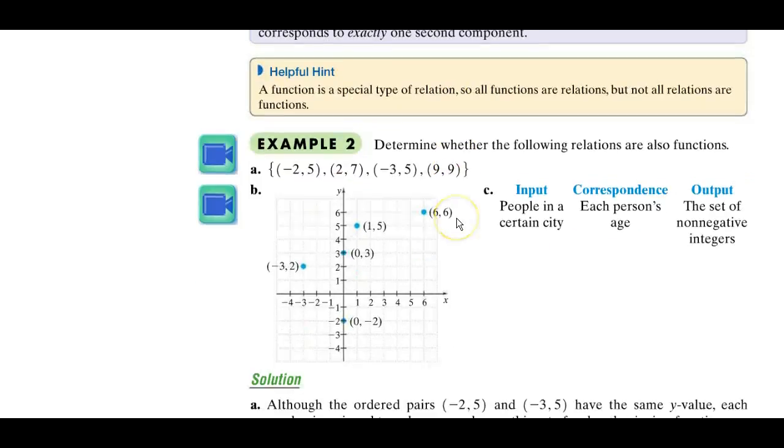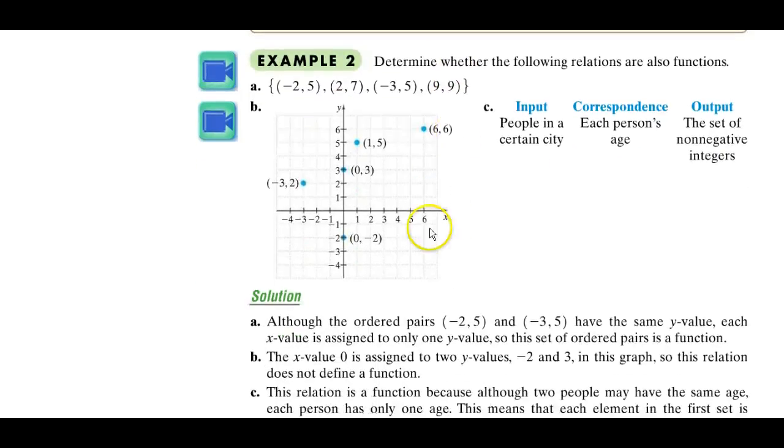So, in example 2, we're asked to determine whether what we have here as data is a function. Well, let's look at this one here. So -2, 2, -3, 9. The x element is only used once, so A is a function.